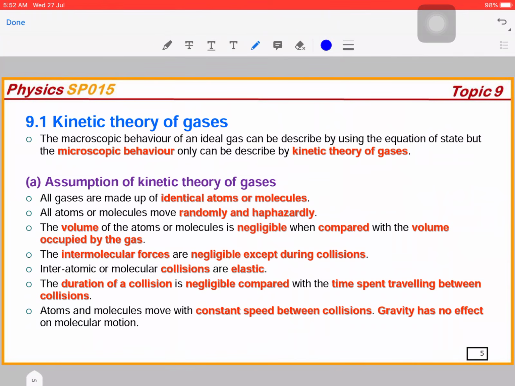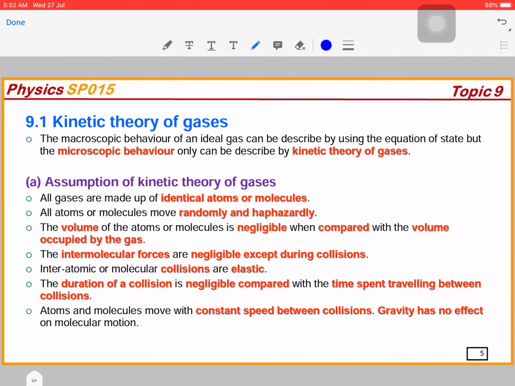Okay. First, all gases are made up of identical atoms or molecules, and then all atoms or molecules move randomly and haphazardly, and then the volume of the atoms or molecules is negligible when compared with the volume occupied by the gas. Next, the intermolecular forces are negligible except during collision. Next, interatomic or molecular collisions are elastic.